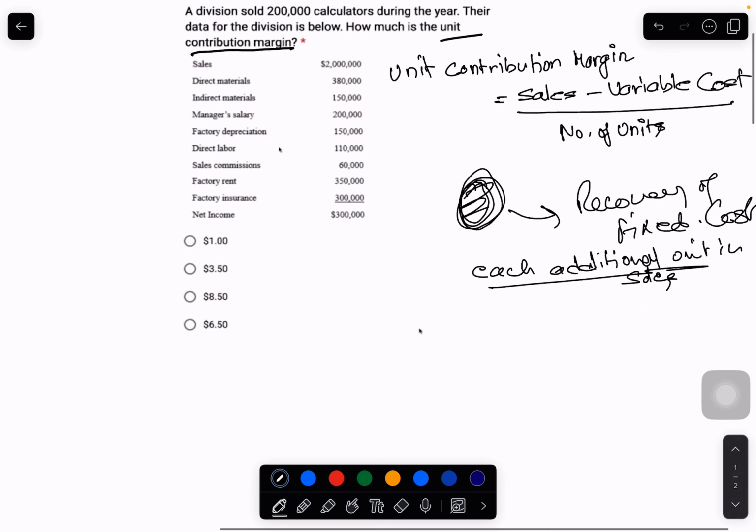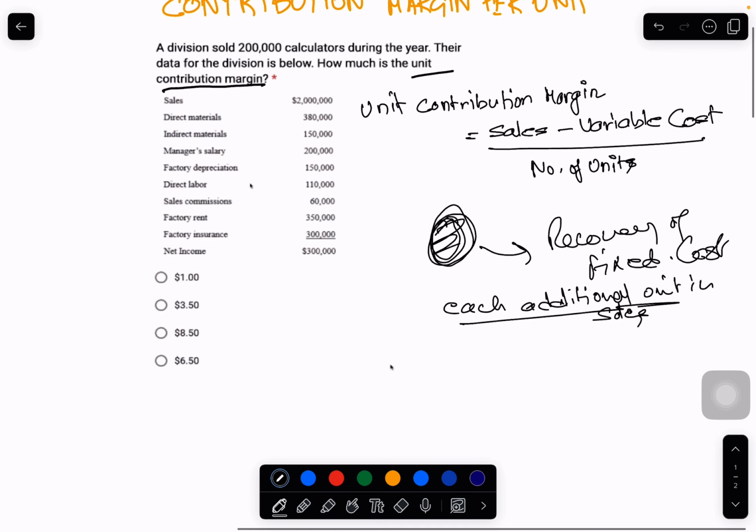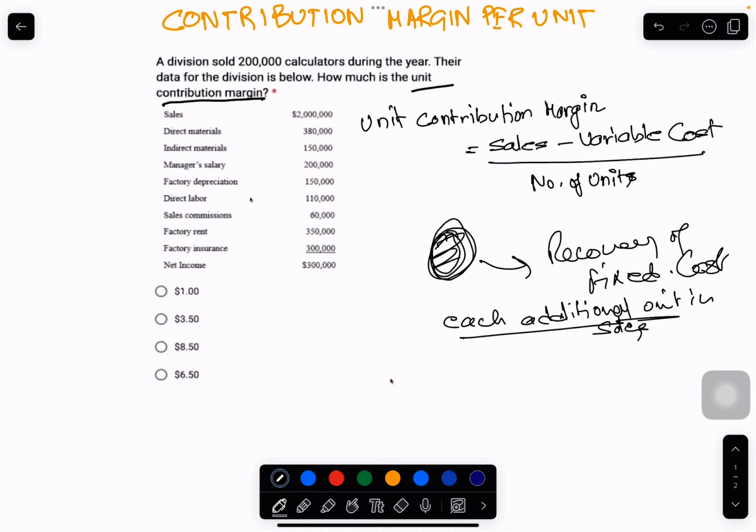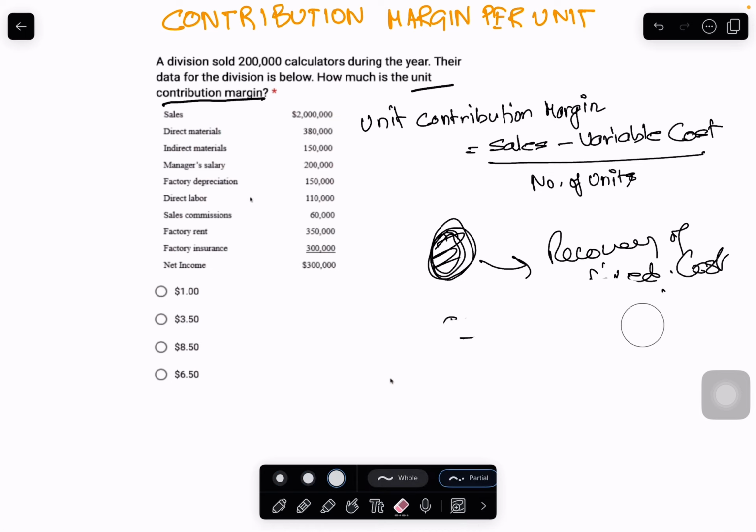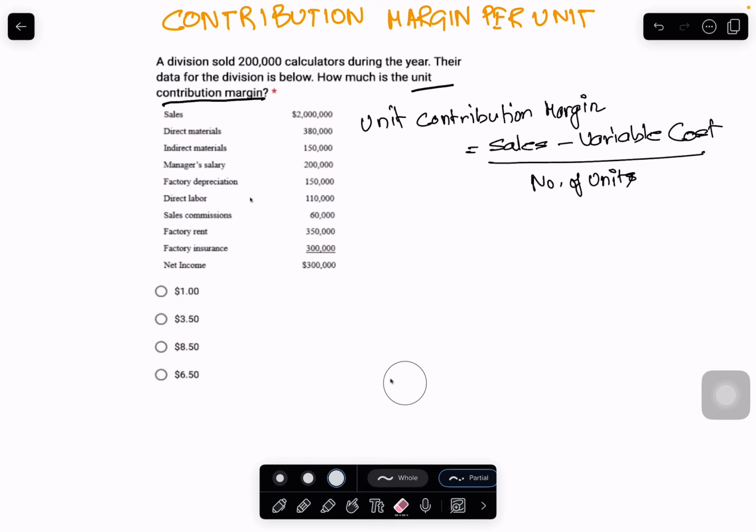One thing you should understand before I move ahead is that the variable cost is a variable thing related to sales.